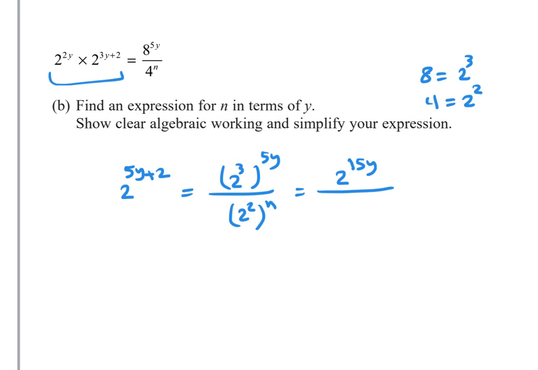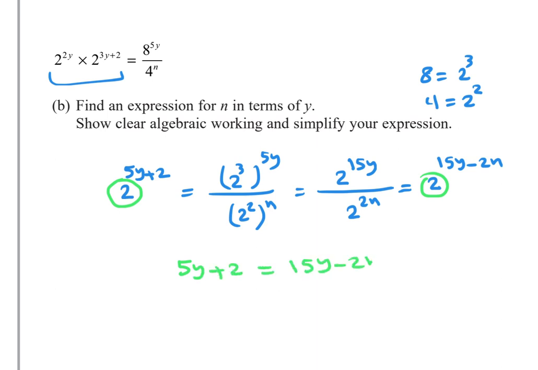The same for the denominator, 2 power 2 all power n, multiply 2 times n, so 2 power 2n. When we divide, subtract the power, so 2 power 15y minus 2n. So now base equal base, so power equals power. So 5y plus 2 equals 15y minus 2n.